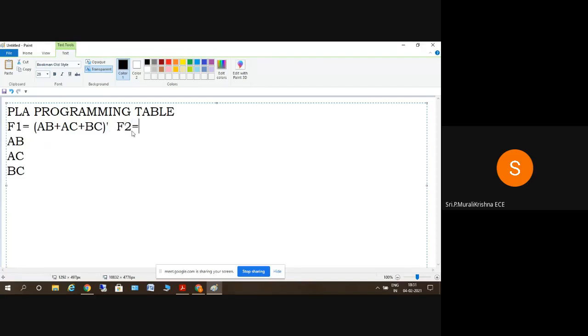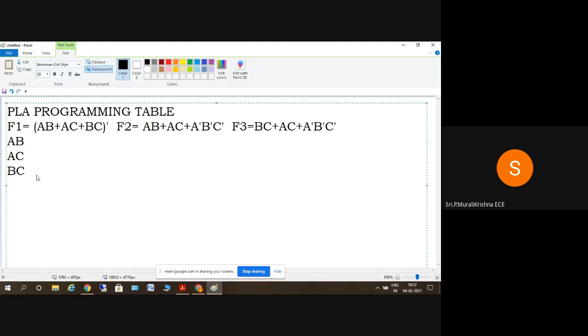F2 is equal to AB plus AC plus A bar B bar C bar, and F3 is equal to BC plus AC plus A bar B bar C bar. So these are the values we got here. This is the complement form, and the others are the true forms.